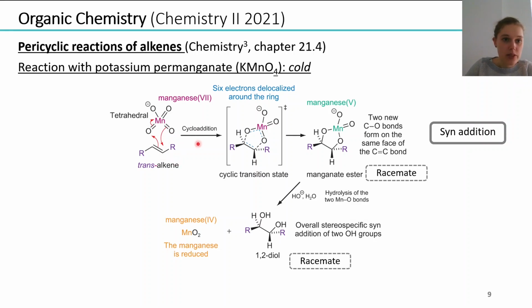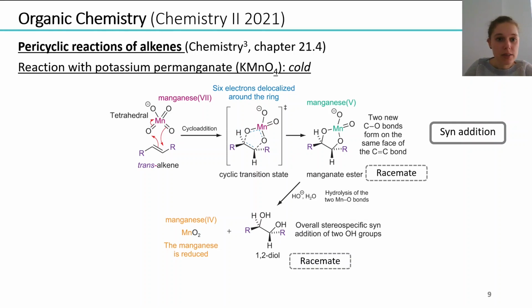And again, all these steps are taking place at the same time, and we enter a so-called cyclic transition state where we have this 5-membered ring and the 6 electrons are delocalized around this ring.